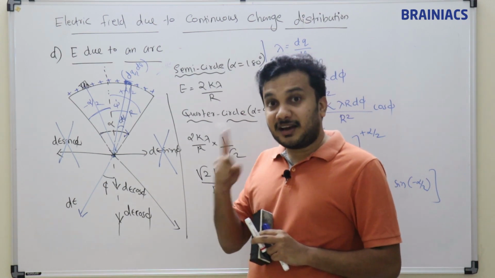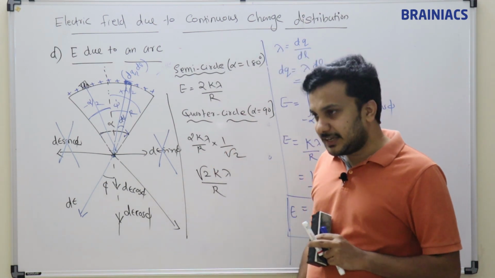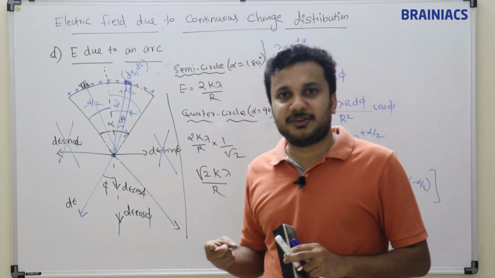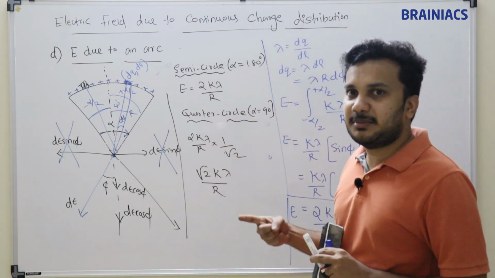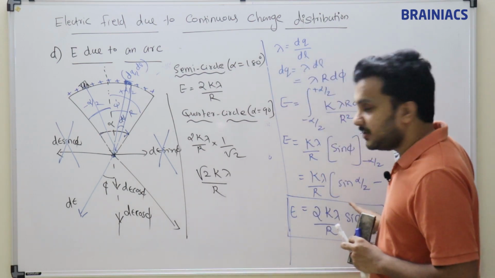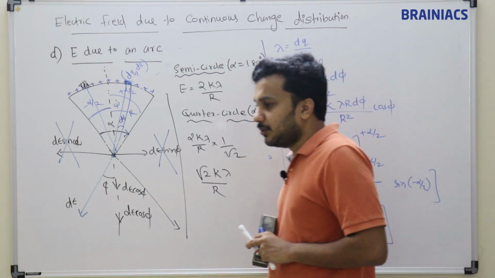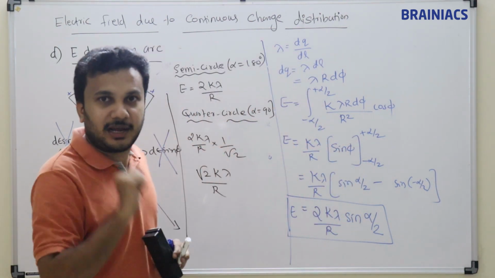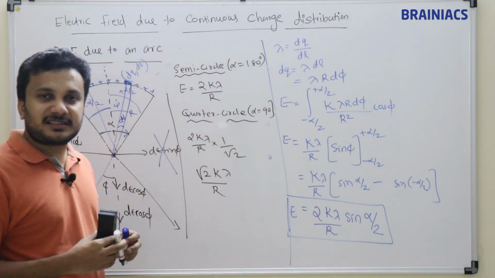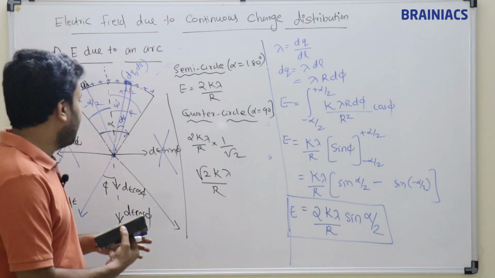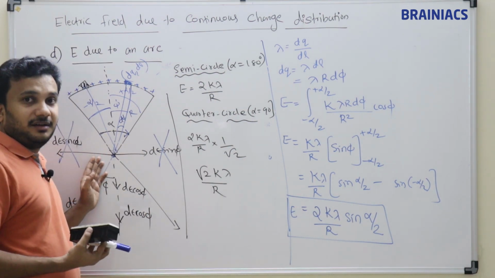That is one reason. Another reason is, in case of a semicircle, if the question in the NEET or JEE examination asks what is the electric field created by a semicircle, you learn this equation, 2k lambda divided by r sin alpha by 2. You put alpha equal to 180 degrees, you get the answer, and you are happy. But if they are asking about the direction, it's hard.